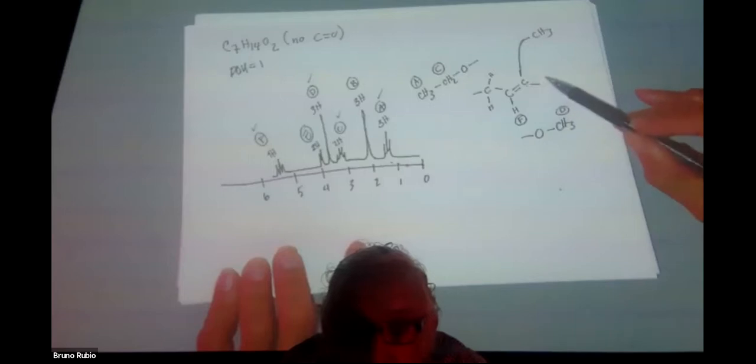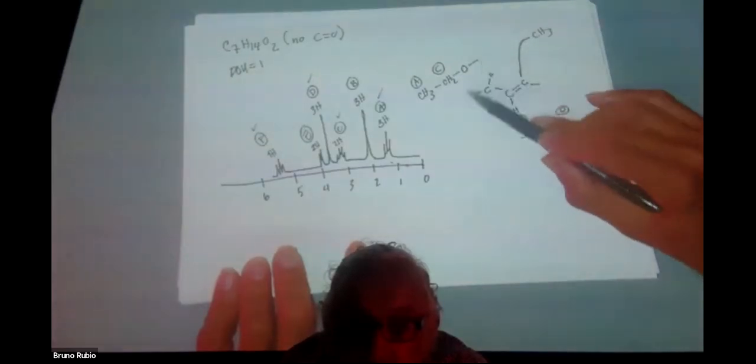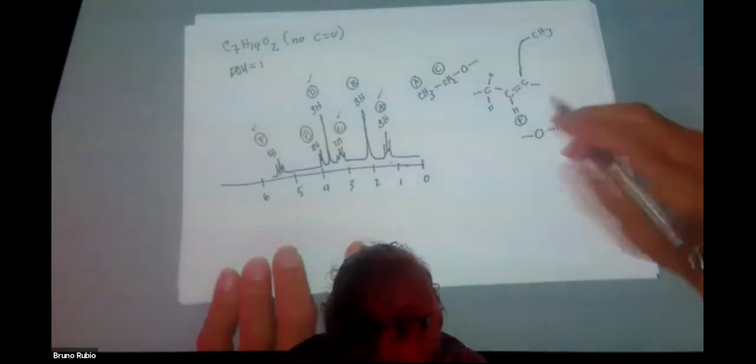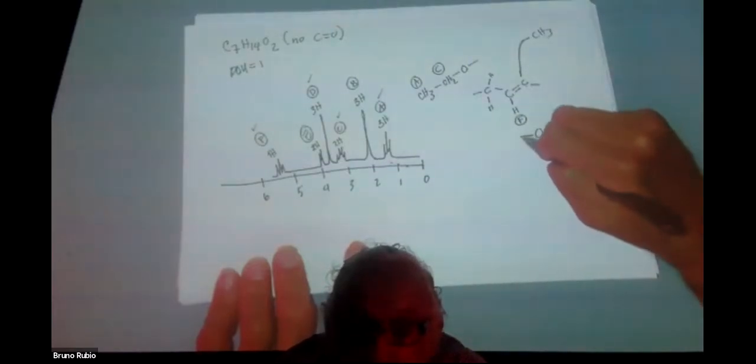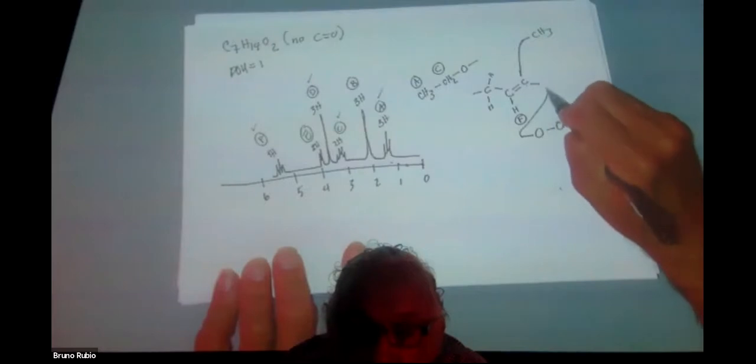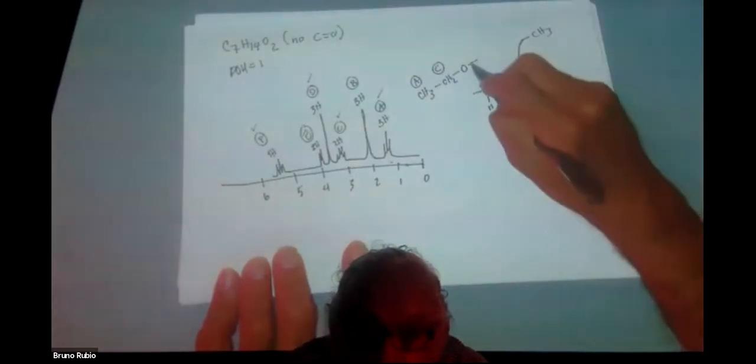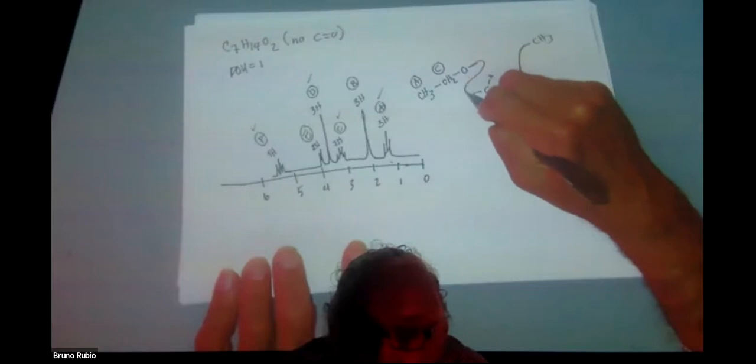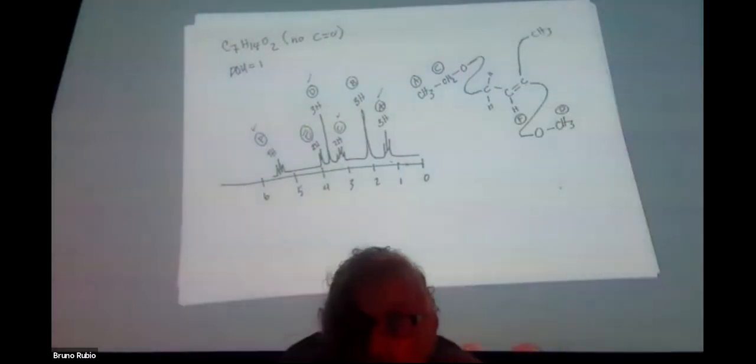And now I could either put this guy here or I could put this guy there. Both seem reasonable. So I'm just going to hook this guy up here, and I'm going to hook this guy here. Could I have hooked it up the other way? Probably yes.